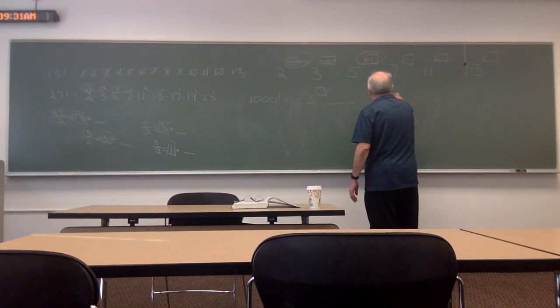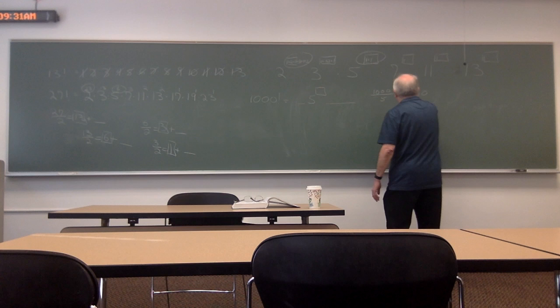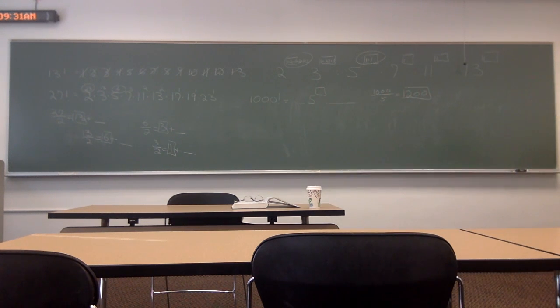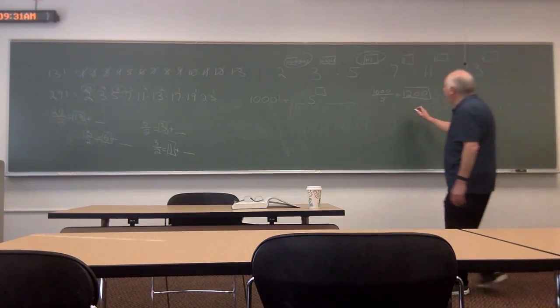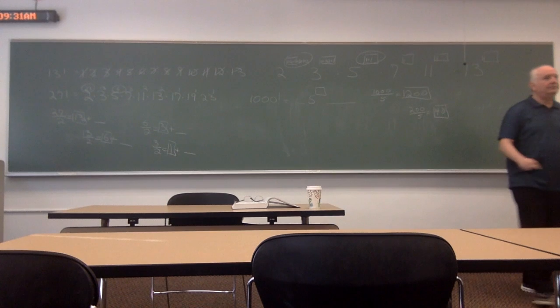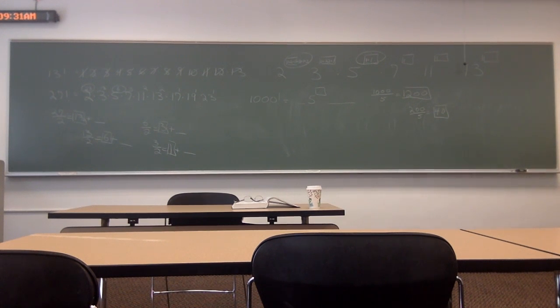Take 1,000 divided by 5. That says 200 of these numbers are multiples of 5. But then we take this one and say, okay, how many of these were multiples of 5 squared? 40 of them.